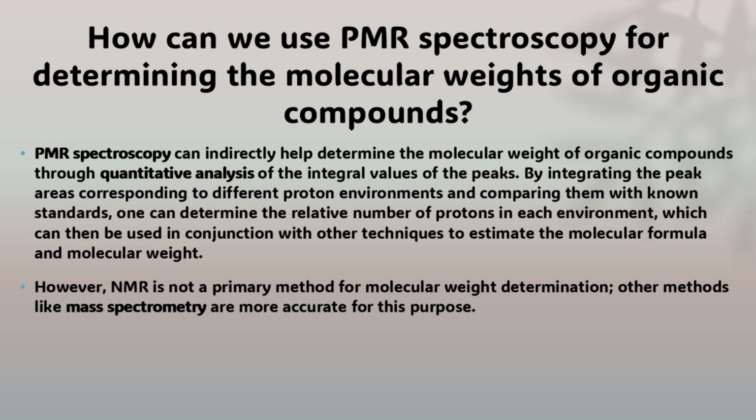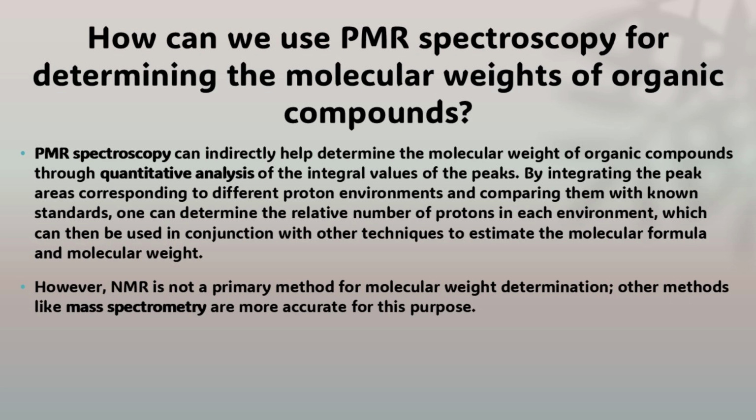The next question is question number 60. How can we use PMR spectroscopy for determining the molecular weights of organic compounds? Explain in detail. The answer to this question is, PMR spectroscopy can indirectly help determine the molecular weight of organic compounds through quantitative analysis of the integral values of the peaks.